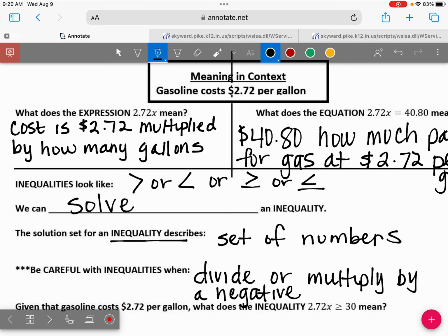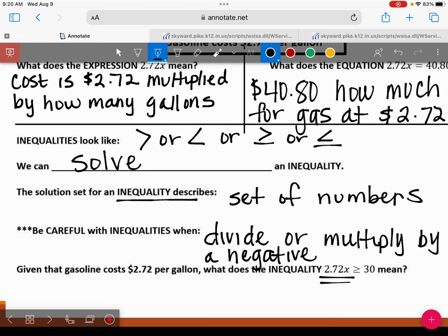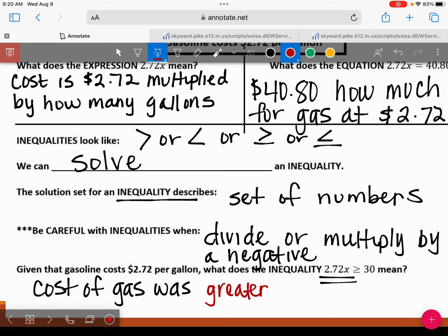Okay, doing good. Almost done. All right. So what does this mean? 2.72x is greater than or equal to. That means that the cost of our gas was greater than or equal to 30.